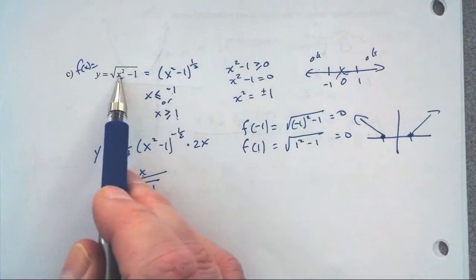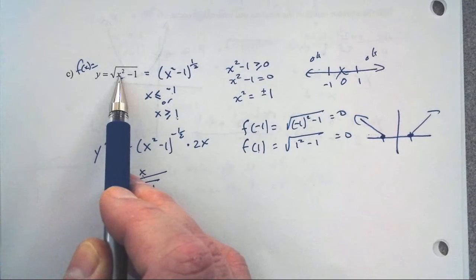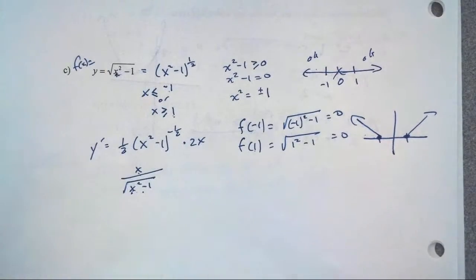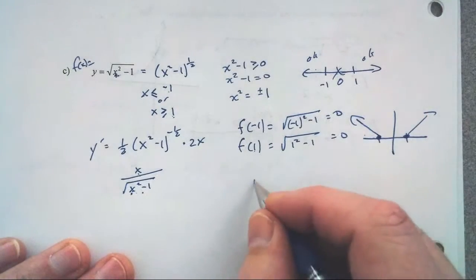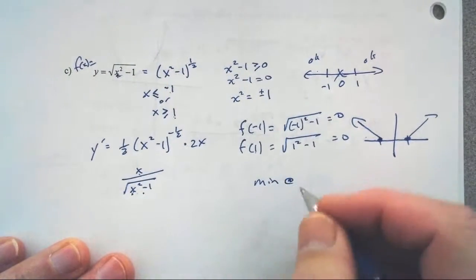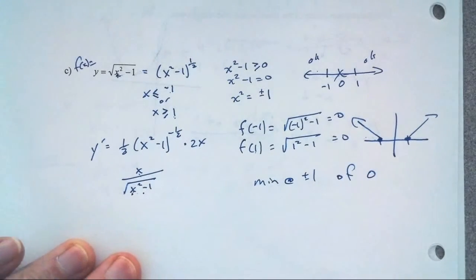If I put a billion in there, it's going to get bigger. A trillion, it's going to keep getting bigger. So there are no relative maximums or even absolute maximums, but we do have these absolute minimums. We have minimums at plus or minus 1 of 0.